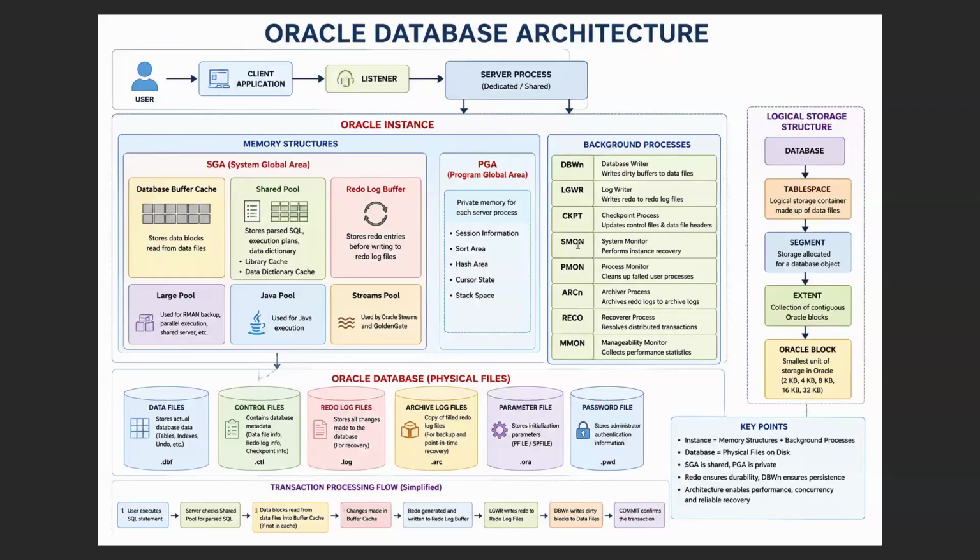SMON, system monitor, performs instance recovery. PMON, process monitor, cleans up failed user processes. ARCn is the archive process, which archives redo logs. Recovery process resolves distributed transactions. MMON, manageability monitor, collects performance data. This is important for performance.